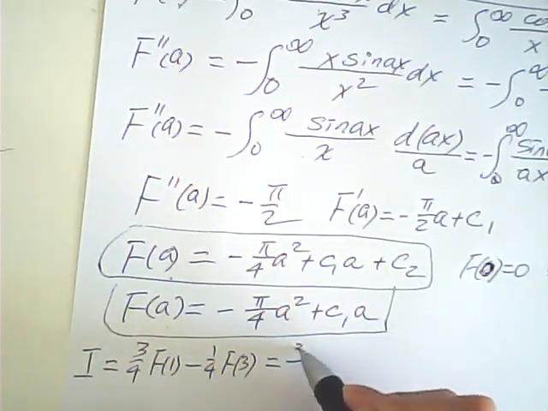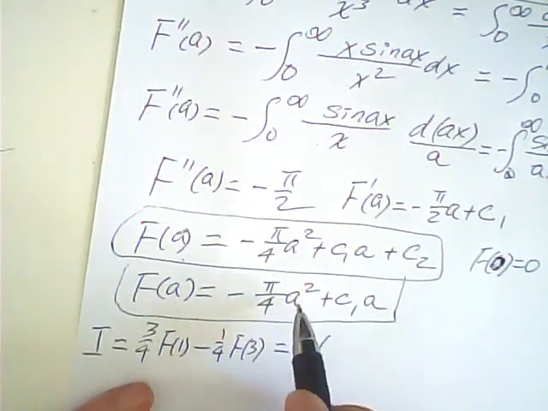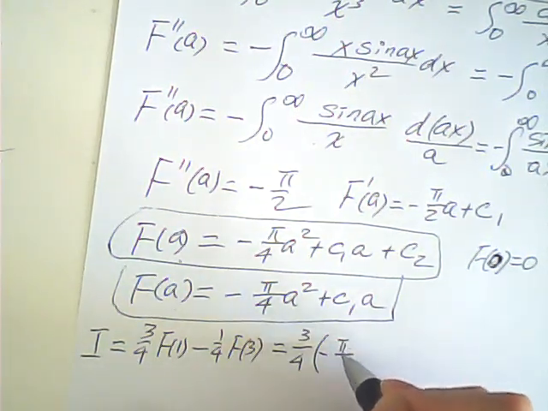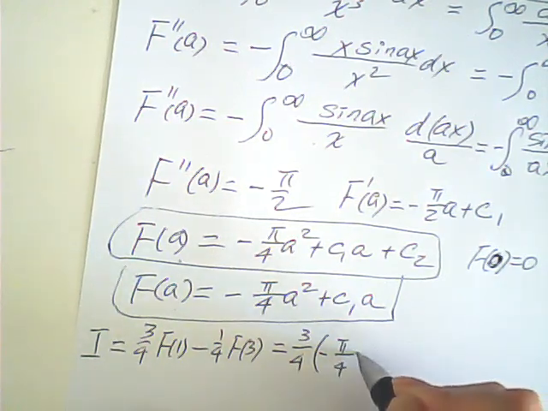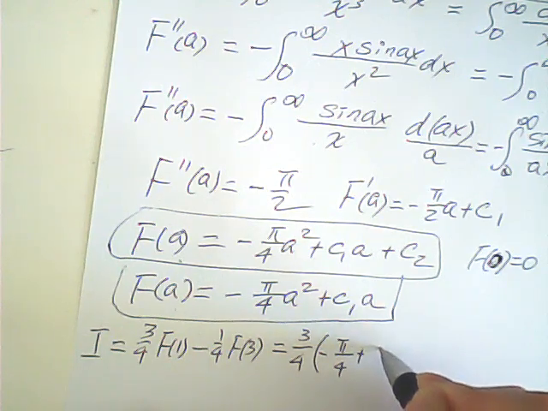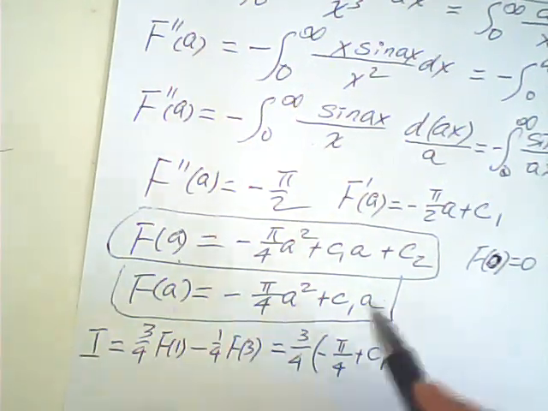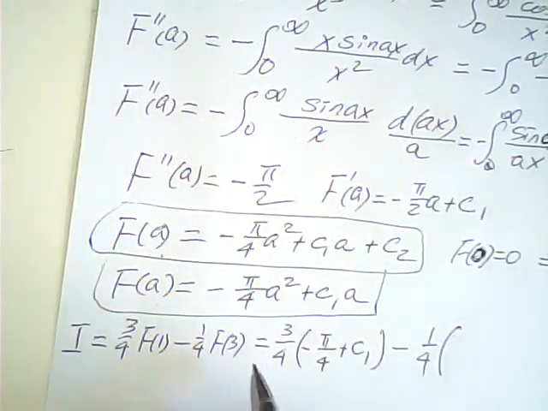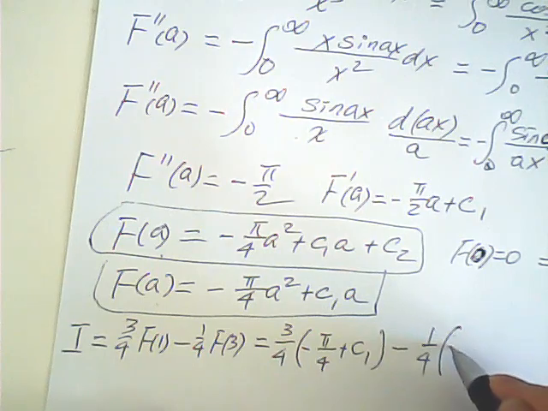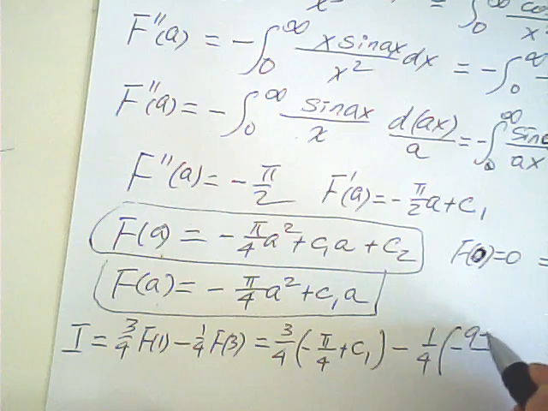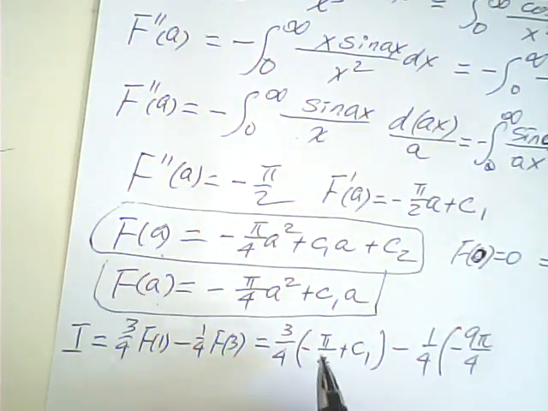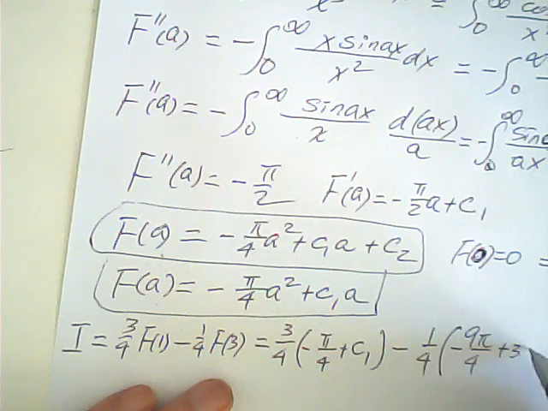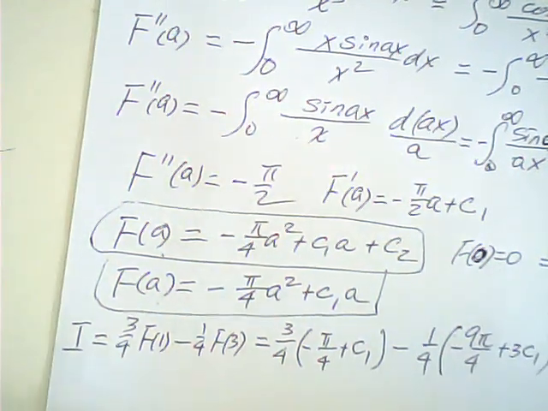This one equals 3/4 of f of 1, which is negative pi over 4 plus C1, minus 1/4 of f of 3. f of 3 will be negative 9 pi over 4 plus 3C1.